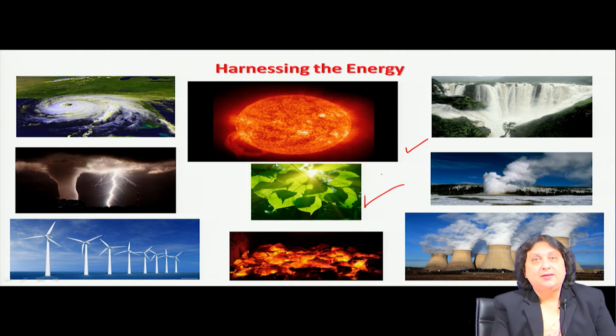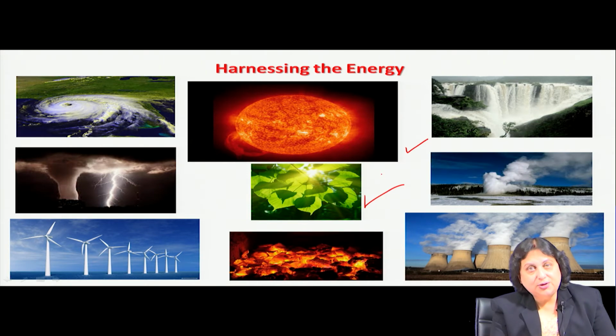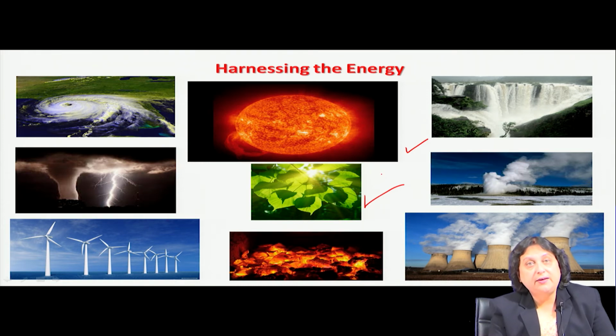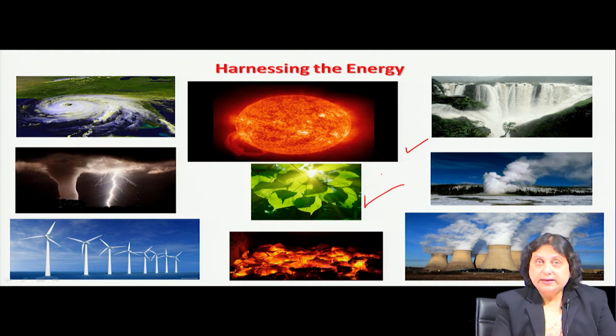And that is the reason why we as human beings would like to employ energy all around us to do much more useful work than just manufacture our food. And therefore, we have to harness energy with a much better efficiency. So once again, going back to where we can get the energy from, we can get the energy from wind.